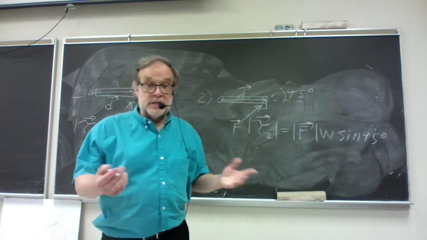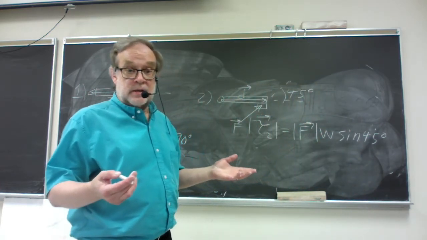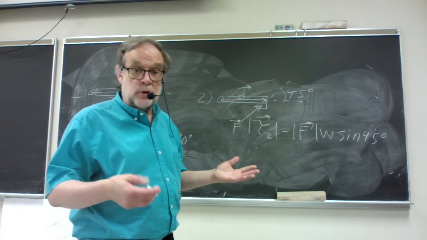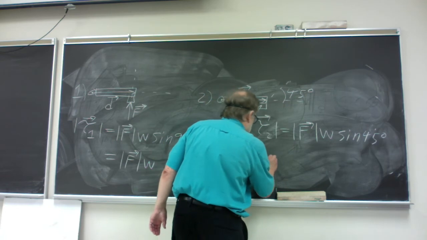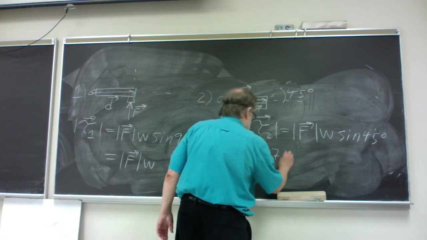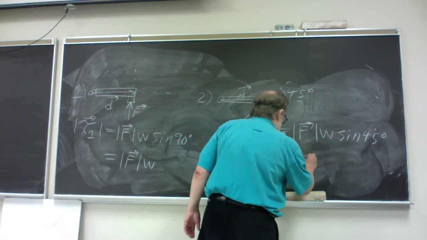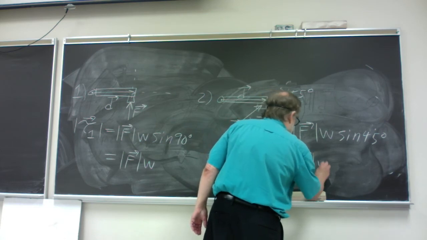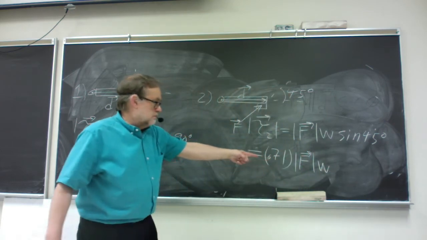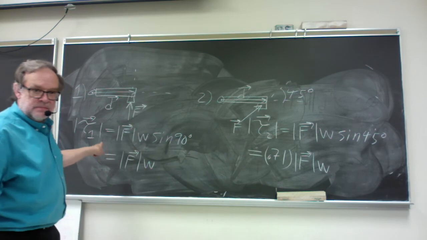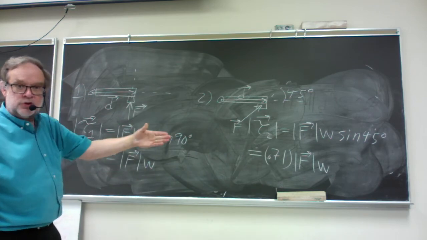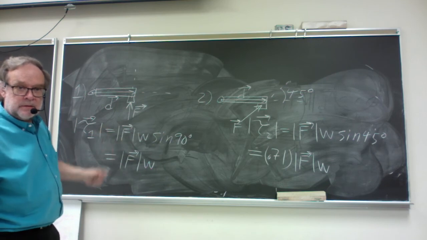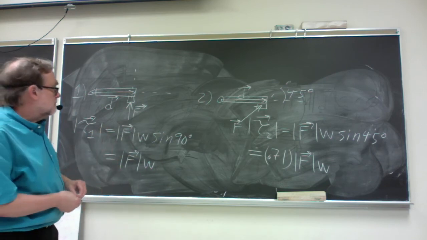Ask your calculator what the sine of 45 degrees is, and your calculator will tell you that it's about 0.71. So the magnitude of this torque is about 0.71 times magnitude of the force times width, or about 0.71 times the magnitude of the first torque. Torque 2 is smaller than the first torque.